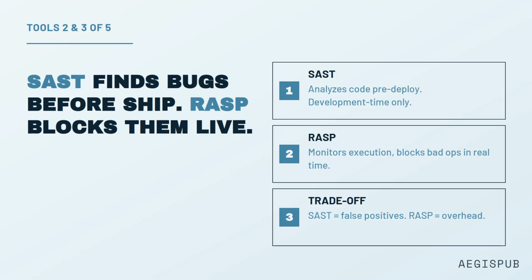The trade-off is false positives and the context blindness of static analysis. A SAST tool that flags every string concatenation near a database call will overwhelm developers. A well-tuned SAST tool integrated into the CI/CD pipeline and configured to match the language and framework in use catches real violations before they reach production.